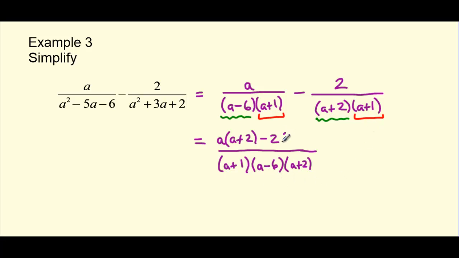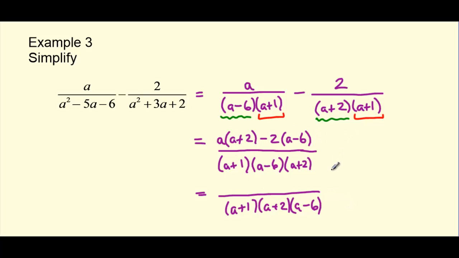So we're going to multiply this numerator by a minus 6. When working through this problem, our common denominator of these three factors will just remain the same. You're going to have to just write these factors out every single time. Sometimes I like to just write them in numerical order here. So a plus 1, a plus 2, and a minus 6.